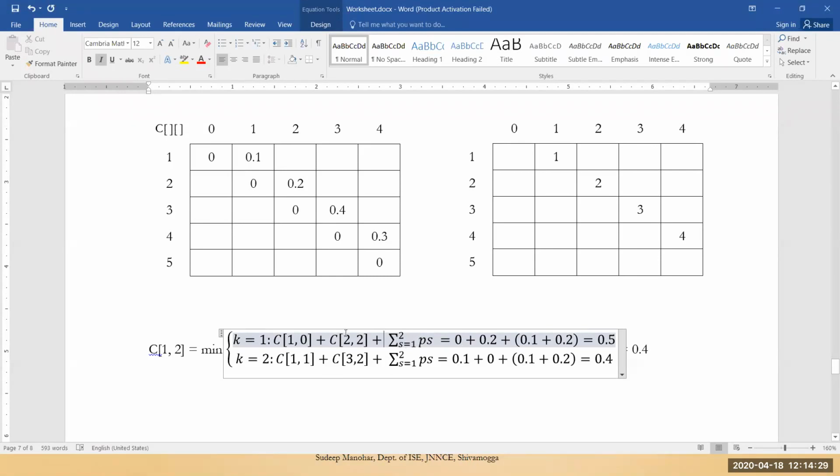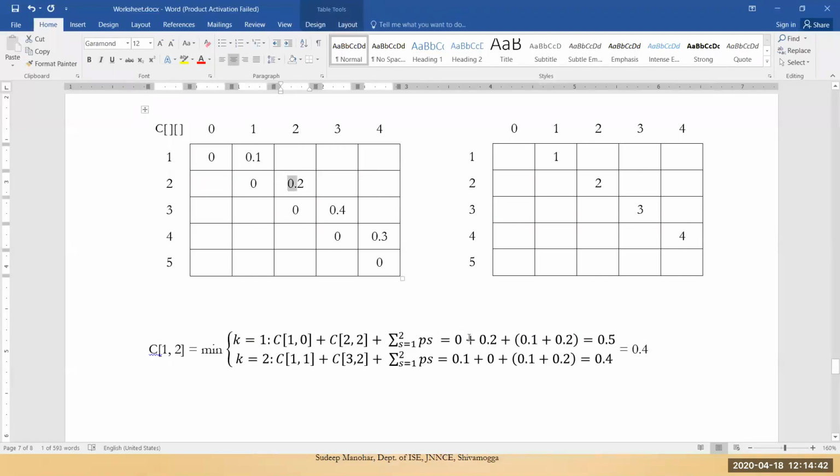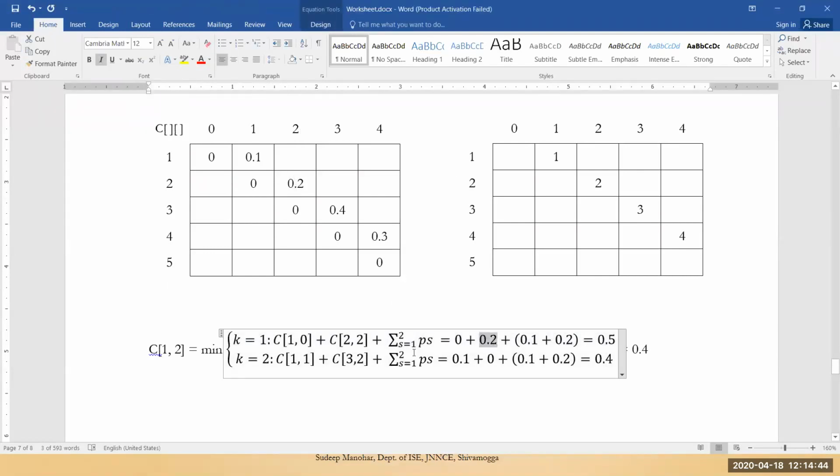Now let us see. What is C of 1 comma 0? C of 1 comma 0 is 0. So you put here 0. What is C of 2 comma 2? C of 2 comma 2 is 0.2. Right here, 0.2. Now sigma, you have to take two probabilities, that is P1 and P2. P1 plus P2, I have written within the bracket. P1 plus P2 is 0.1 plus 0.2.